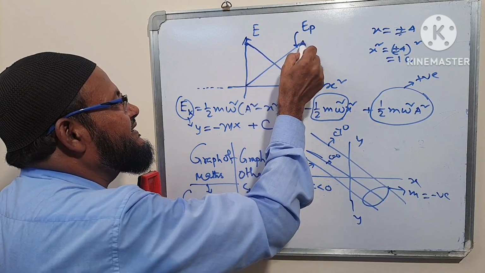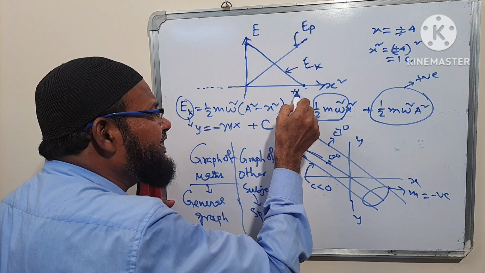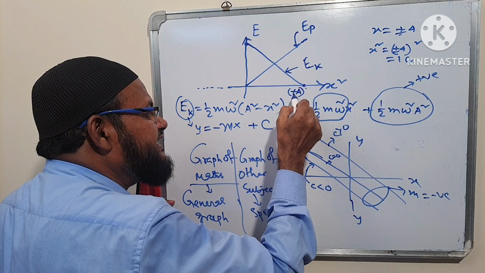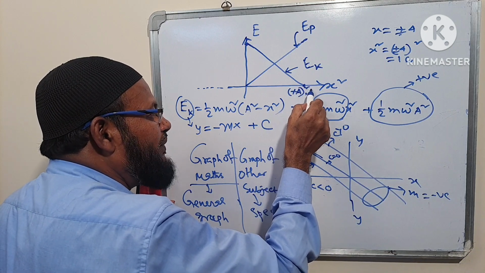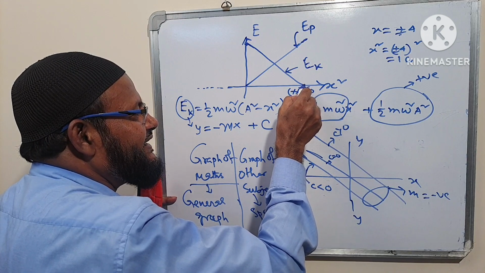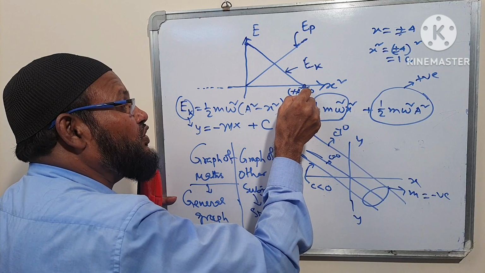Here, what is this? Sir, this point is at plus minus a square. I am considering this is a square, comma energy 0. So what is the coordinate at this point? Sir, a square comma 0.